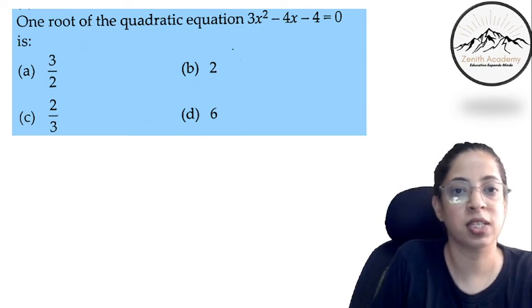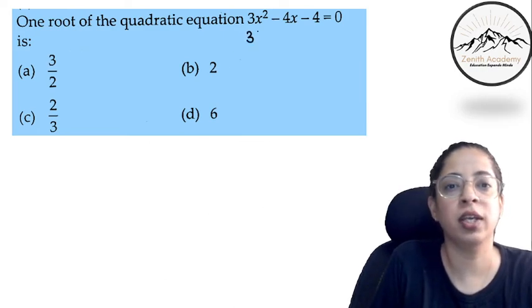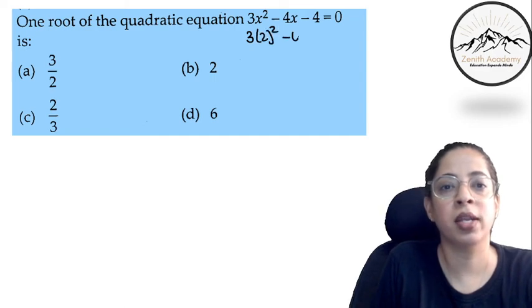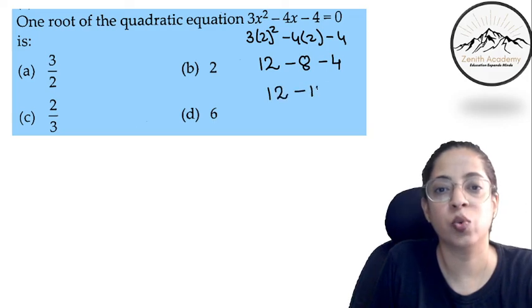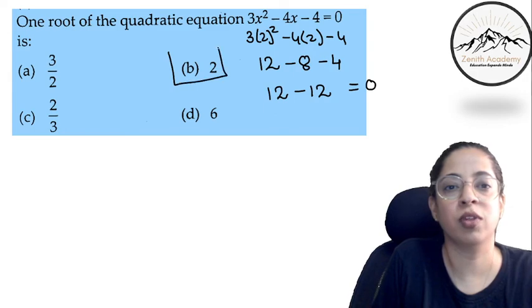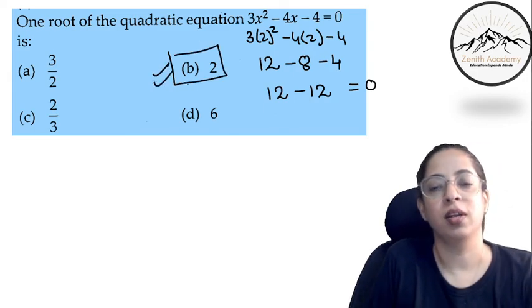Let's check this. So I'm putting it here only. 3 into 2 square minus 4 into 2 minus 4. So 3 into 4 is 12 minus 8 minus 4. So it is 12 minus 12, which is equal to 0. So this is the root of the quadratic equation 2.